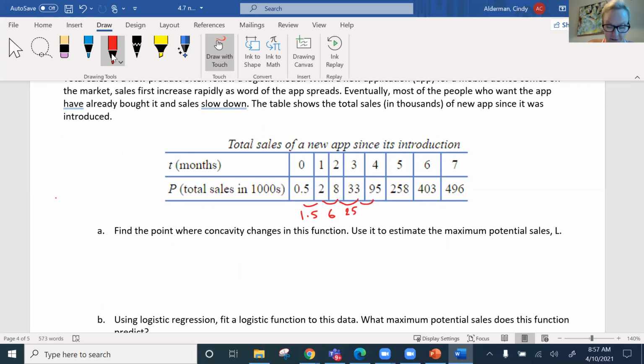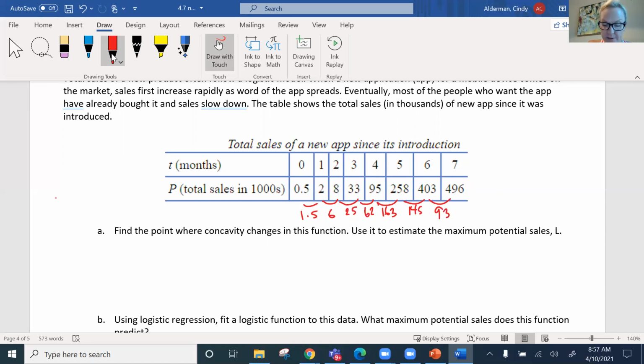And here we've got 62 difference. Here it's still growing, 163, until it gets here. And the difference here is just 145. And then here is 93.